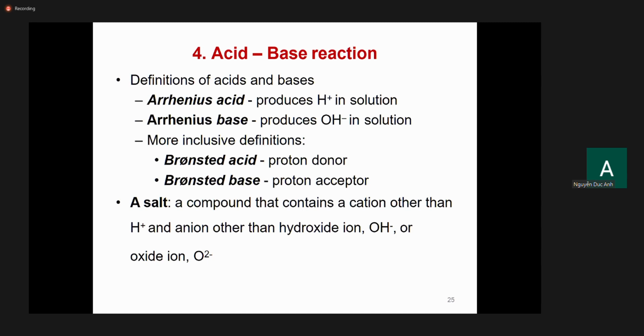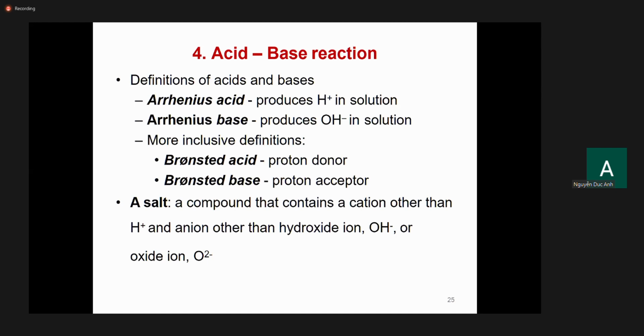Next will be the acid base reaction. At this moment, you move from the Arrhenius acid base theory to the Bronsted acid base theory.